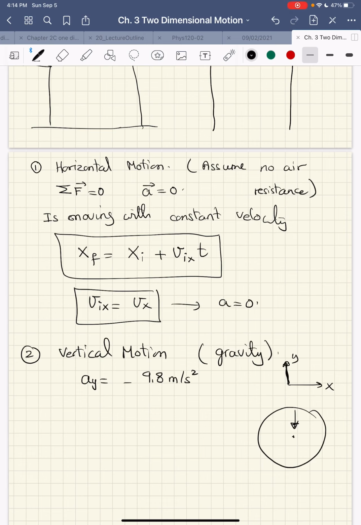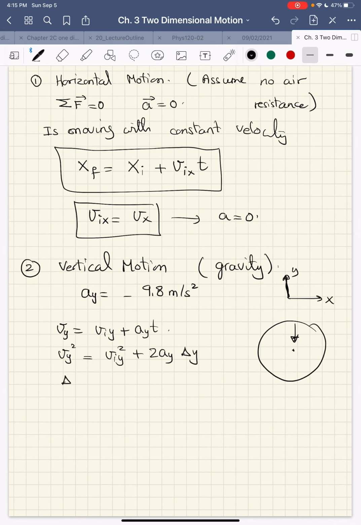Okay, here also it is an accelerated motion, then I will say Vy equals Viy plus Ayt. I can say Vy squared equals Viy squared plus 2ay delta y, and I can say delta y is Viyt plus 1/2 Ayt squared.